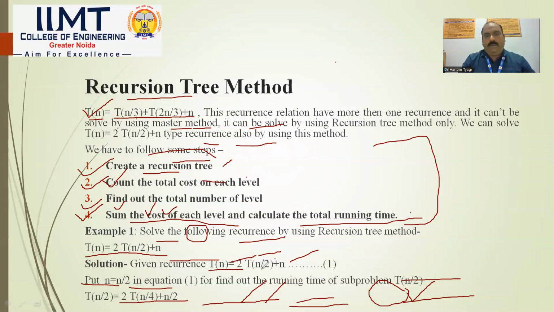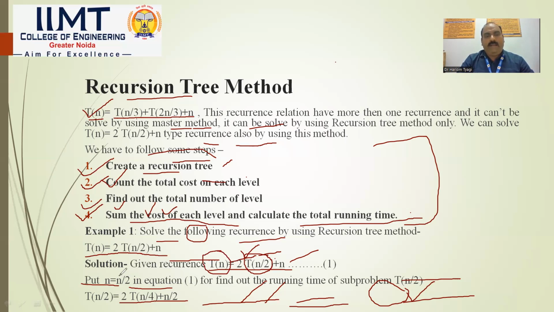Okay, this is equation 1. T(n) = 2T(n/2) + n means an n-size problem is divided into two n/2 problems and the function is linear. We have the value of T(n), but if we don't know the value of T(n/2), we can't calculate the recurrence. So we find out the value of T(n/2). How can we calculate this?